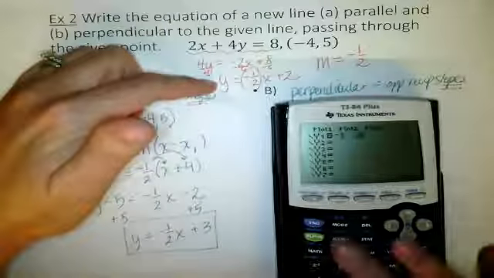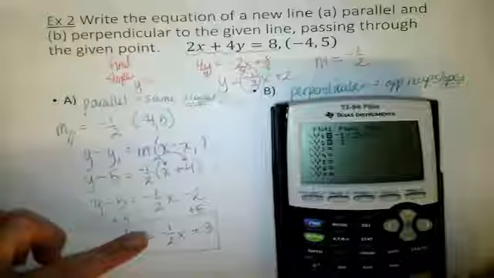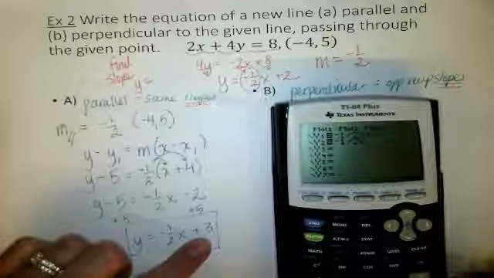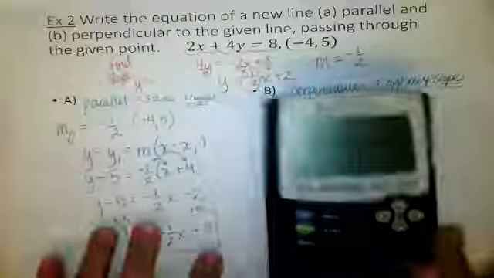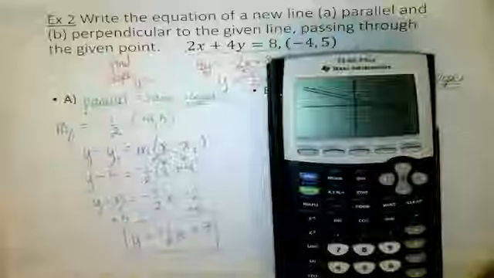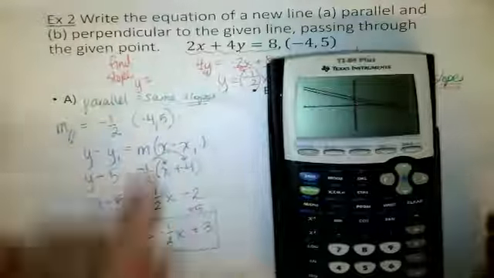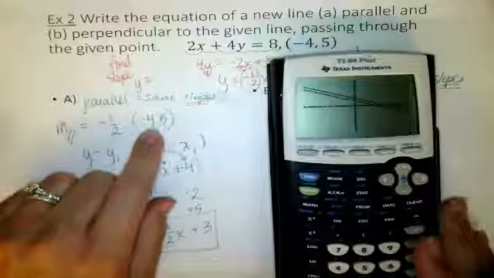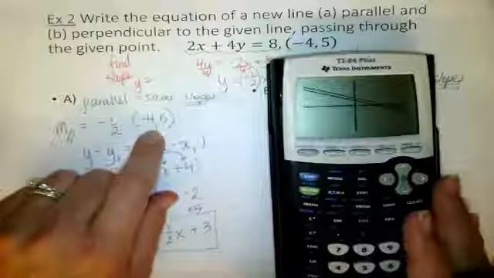So I'm going to graph both equations, the original equation and this equation. And you can see that, yes indeedy, they are parallel. You can also test your ordered pair to make sure that your line passes through negative 4, 5.